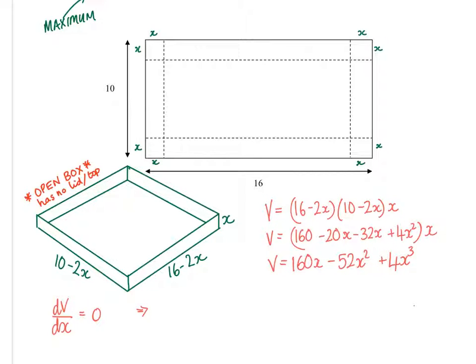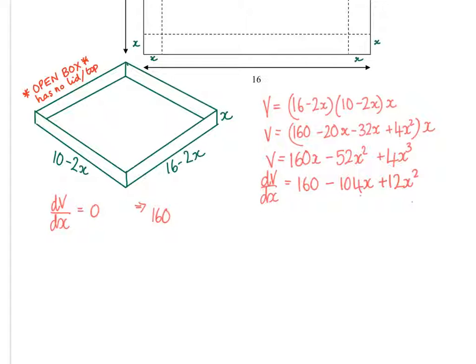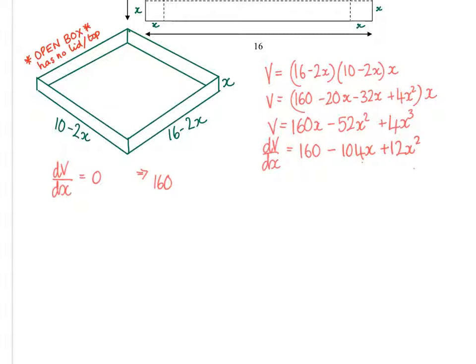So if we differentiate, dV by dx is going to be 160 minus 104x plus 12x squared, and we make that equal to 0.